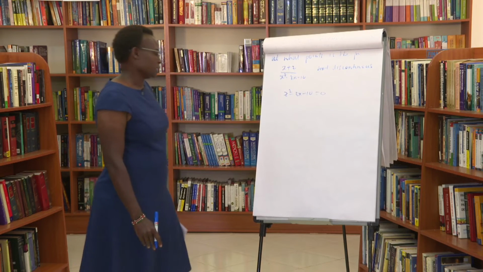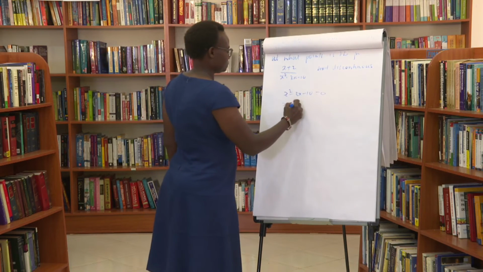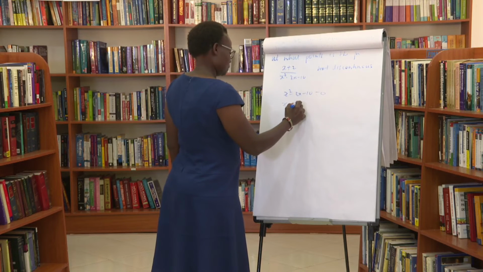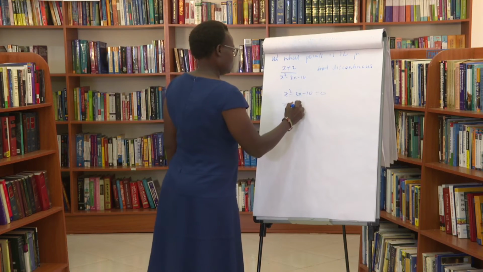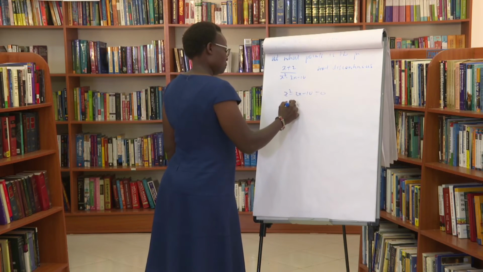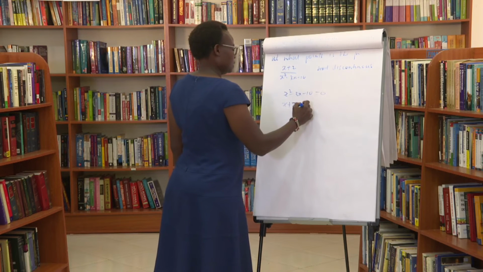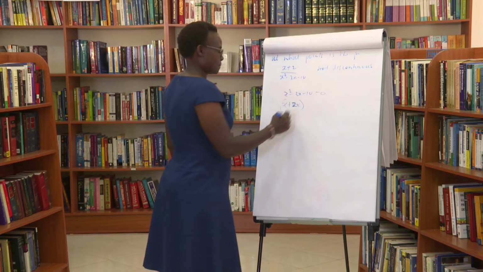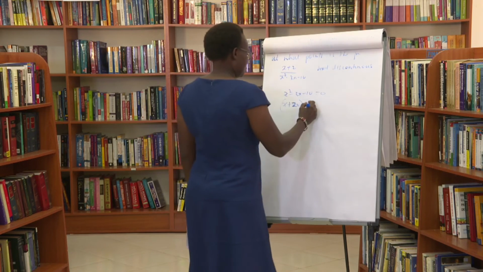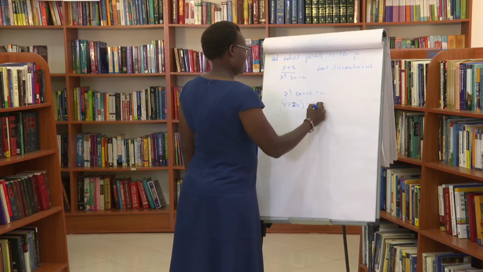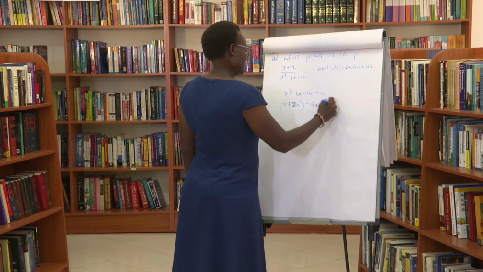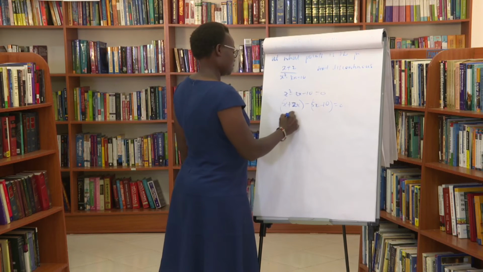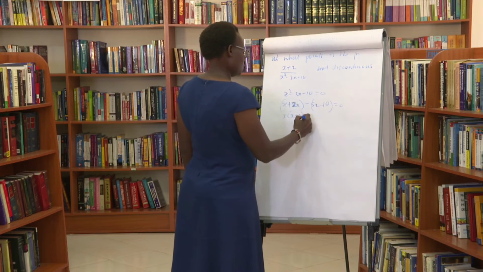So that would give us x minus 5, or x minus 2x. Which one do we put here? Plus 2x, and then minus 5x minus 10. So that would give us x into x plus 2.